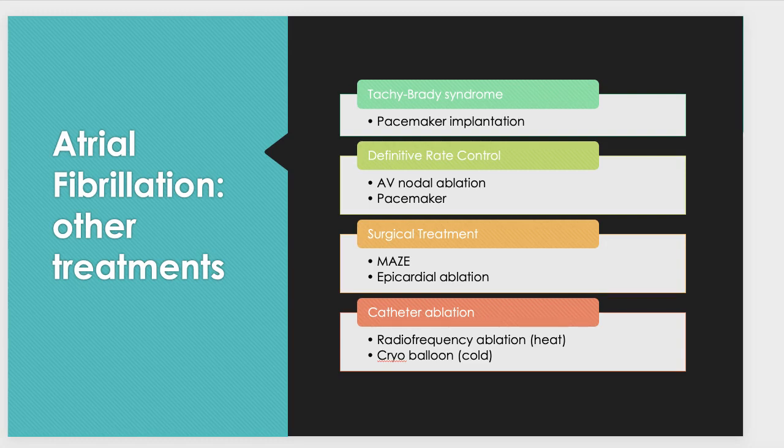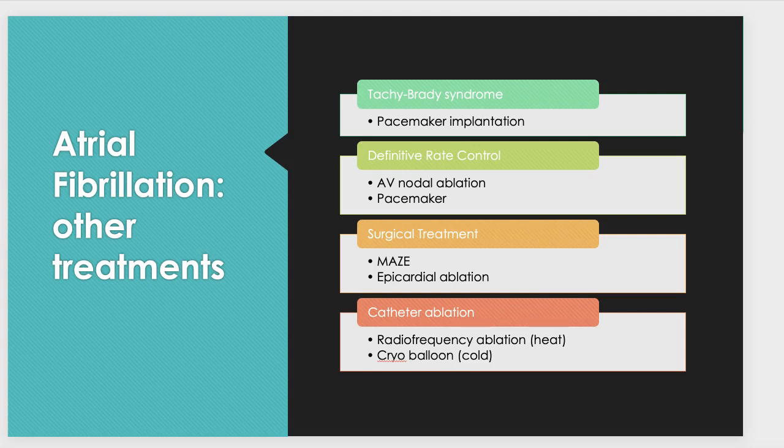Other treatment options for atrial fibrillation: when we have difficulties controlling patients' heart rate, or we're not able to keep them in rhythm, patients may develop what we call tachy-brady syndrome, and a pacemaker may be indicated so that we can adequately treat the patient with higher doses of antiarrhythmics without the concern of causing significant bradycardia.